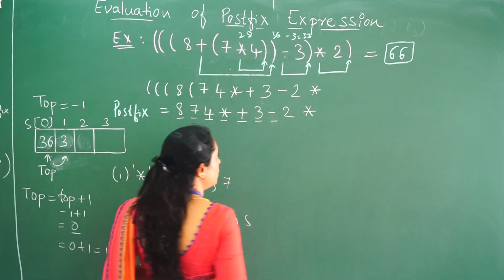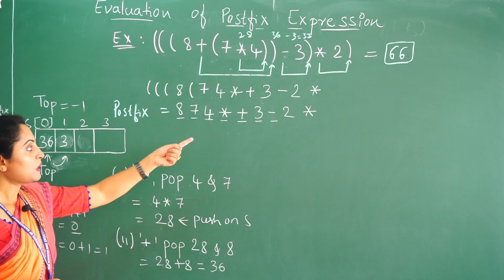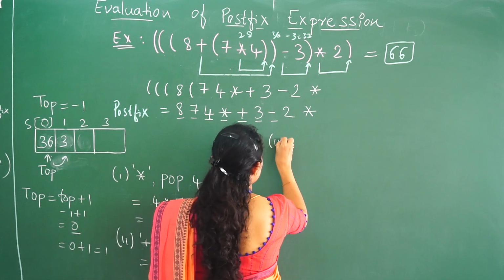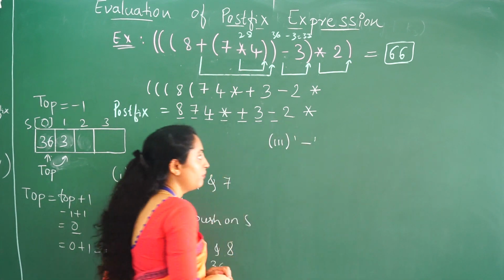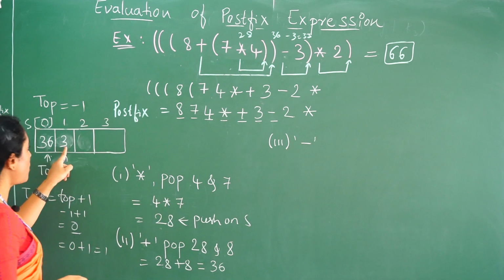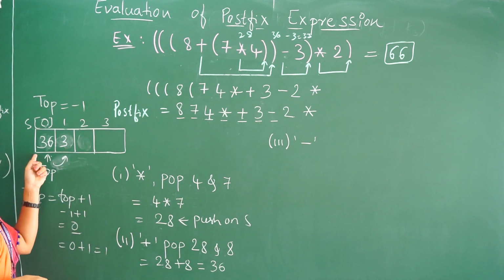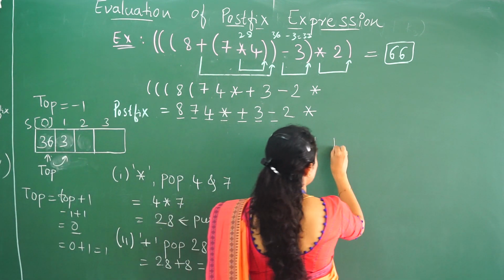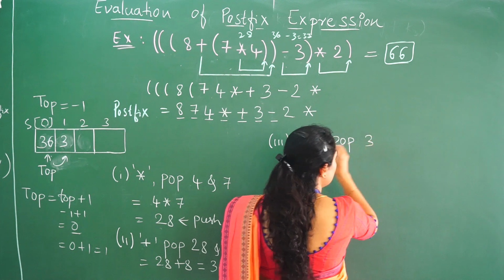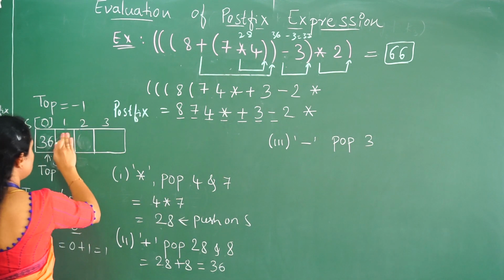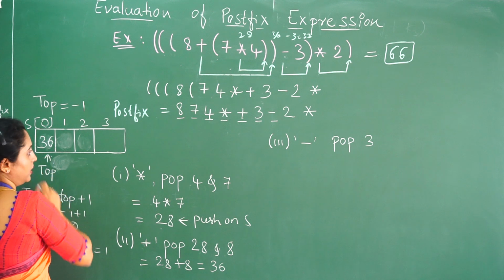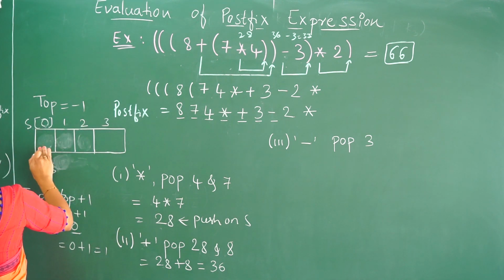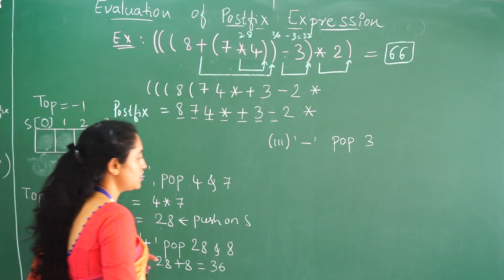Since minus is an operator, when an operator is encountered, we have to pop out the top 2 elements of the stack. What is there at the top of the stack? 3. Pop 3, so 3 is removed and top decremented, and one more we have to pop, that is 36. So 36 is removed.